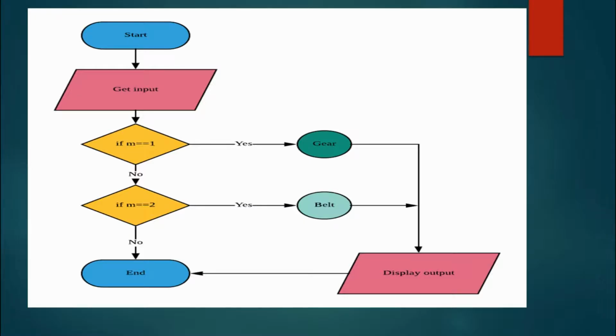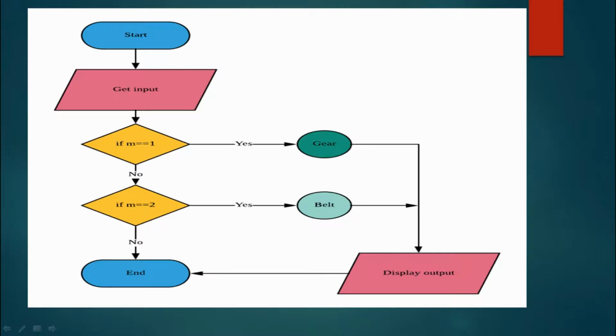Now I will explain my flowchart. This is my full program flowchart, which consists of the gear and the belt. Now we can see here the program will start. After that, we get the input, and next it will enter the condition. I have two conditions here: if m equals 1, it will go to the gear function.